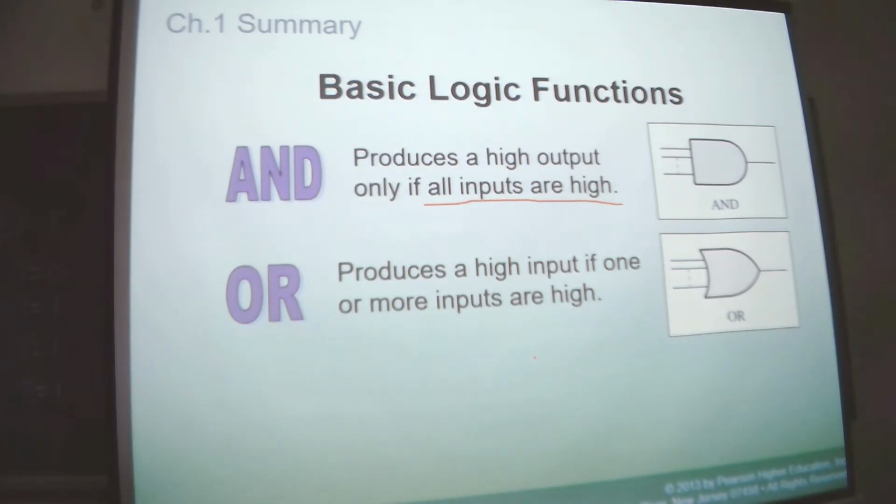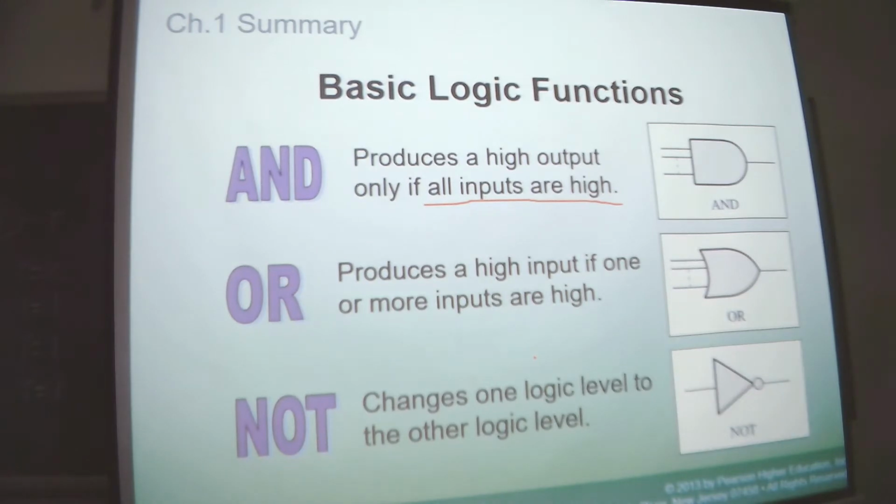The third logic function, NOT, changes one logic level to the other logic level. What is logic level? Logic level is high level and low level.